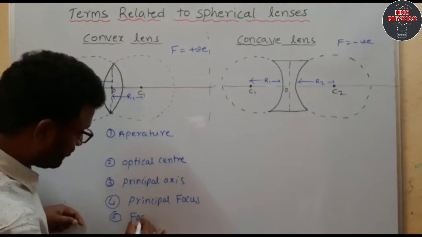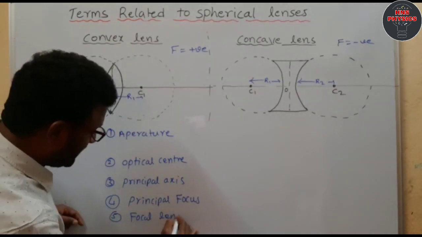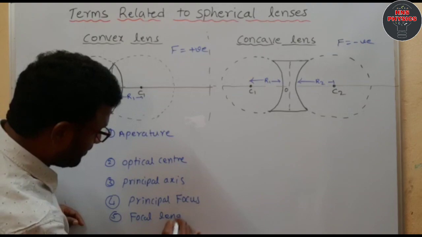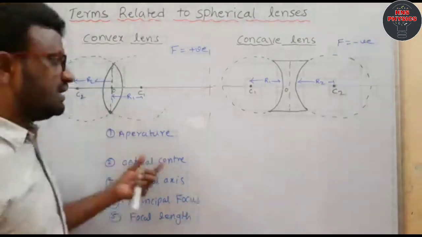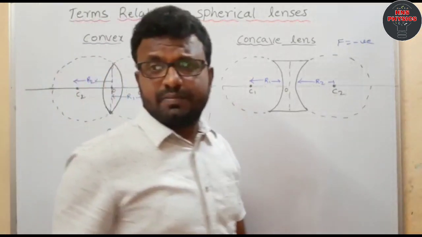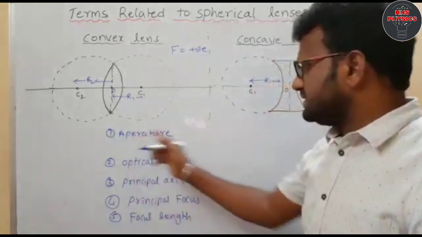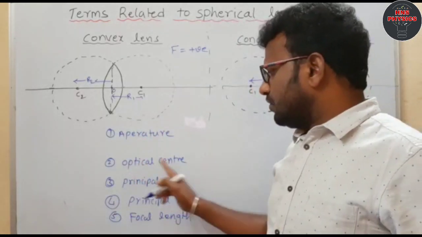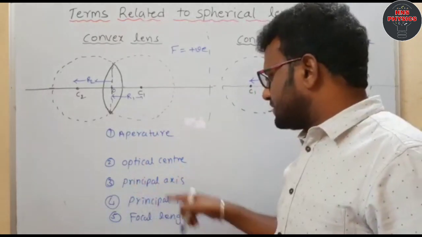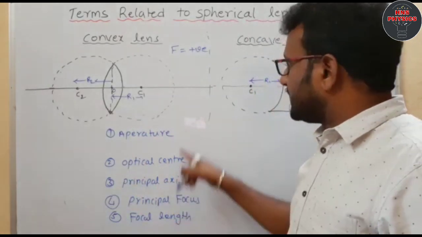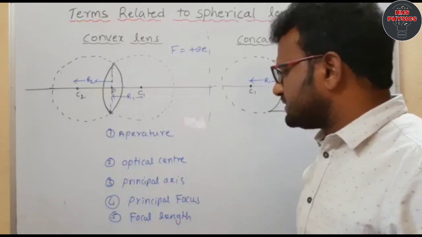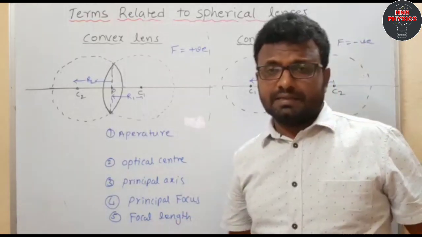These 5 terms are related to spherical lenses and are common for both lenses.